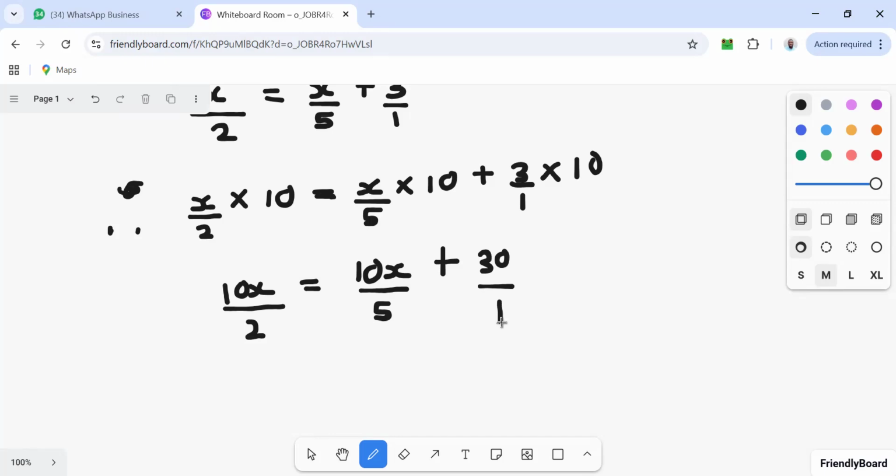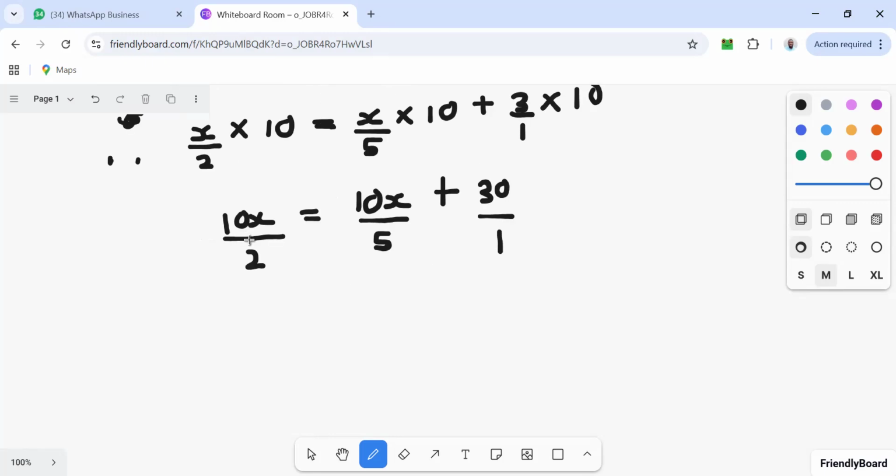Then I'm going to simplify. 10x divided by 2 is 5x, is equal to, then 10x divided by 5 is 2x. Then 30 divided by 1 remains as 30.